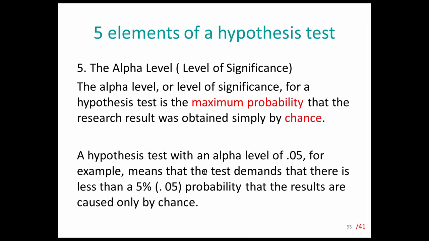The other thing that you need to consider in hypothesis testing is the alpha level. The alpha level is the maximum probability that the research results are obtained simply by chance. So when you say, for example, my alpha level is 0.05, it means that the test demands that there is less than 5% probability that the results are caused only by chance.